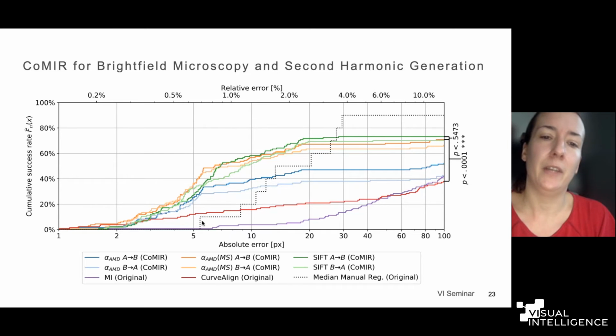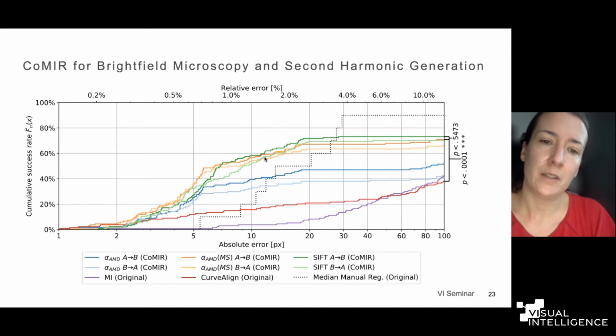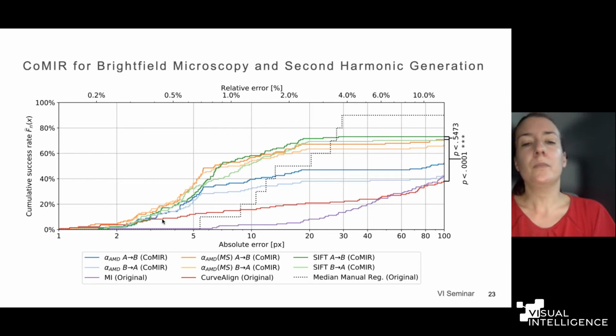So that's the pixel error that humans were able to achieve with these images. That kind of means that a pixel error of 20 pixels is quite reasonable to expect with this data set. And then in green and orange, that's the line that we get with Comirs, using either alpha AMD, which is an intensity-based registration method for monomodal images, or SIFT, a feature-based registration approach.